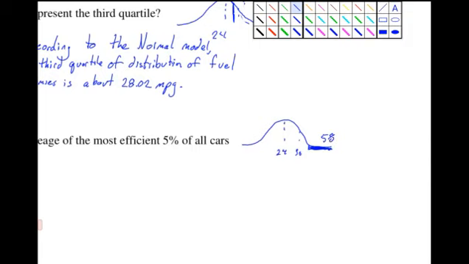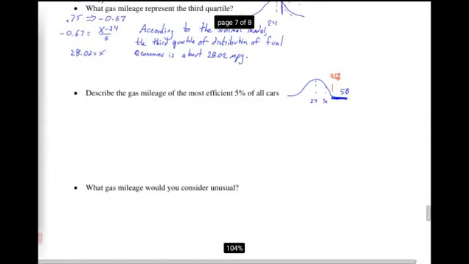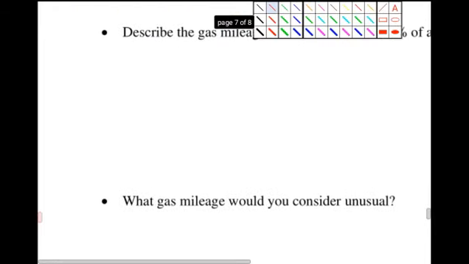So when we actually do our calculations, when we look at our table, we want to find the percentage to the left. So we're actually looking for right there the 95th percentile. So when we do the calculations, we're not using 5%.